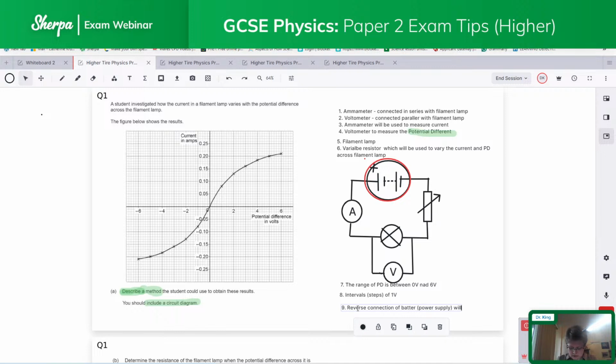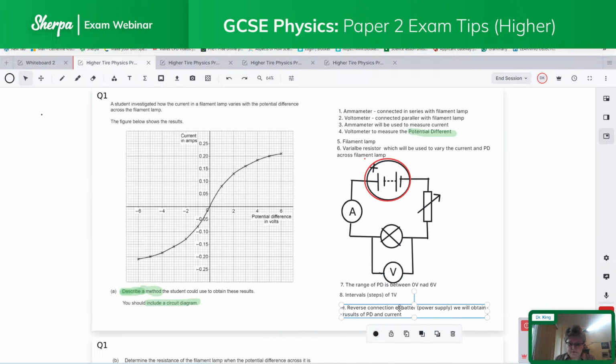By reversing the power supply, we will obtain negative results of potential difference and current.